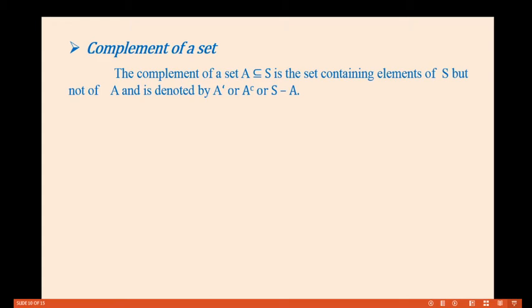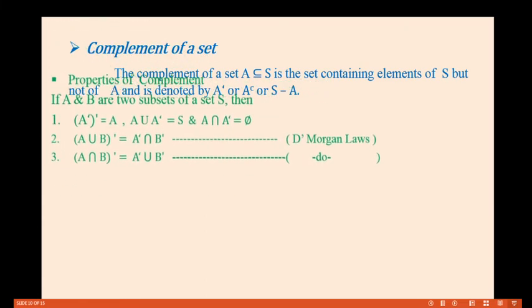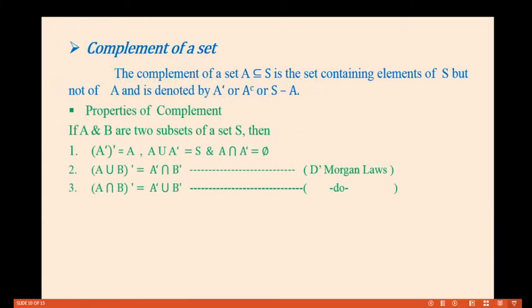Complement. The complement of a set A is nothing but the set containing elements of S but not of A. That is, the set of elements belonging to S but not of A. It is denoted by A complement or S minus A. Properties of complement.